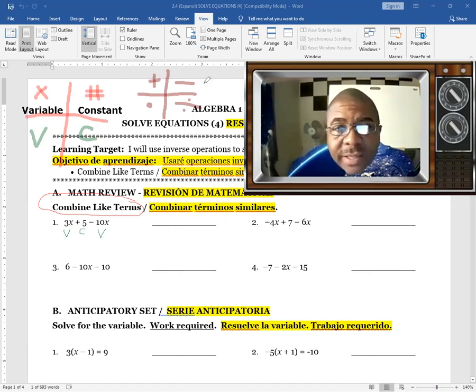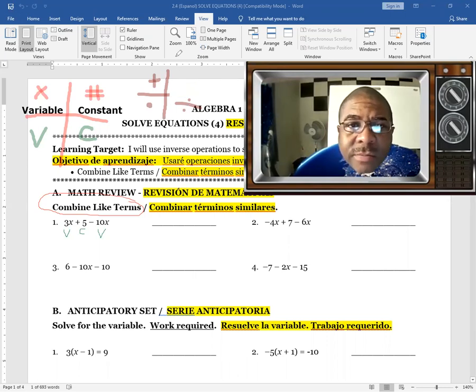If you notice, when you look at the division sign, it has a dot, then a line, and a dot on the bottom. Keep in mind that this is actually a numerator and a denominator.